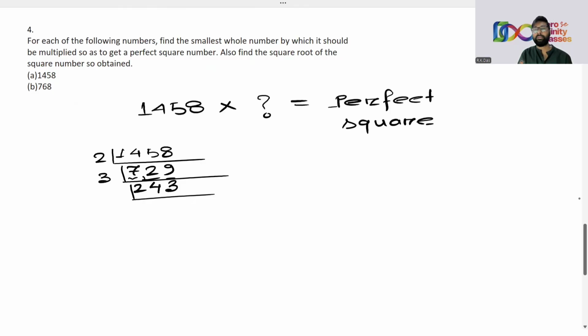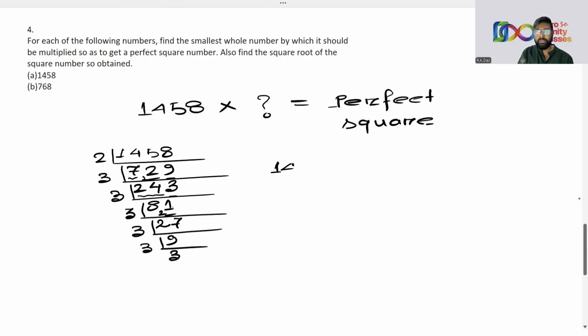So again it is divisible by 3. So I am again taking 3. 3 8 ja 24, 3 1 ja 3. 8 plus 1 9. Again it is divisible by 3. So 3 2 ja 6, 6 2 in hand 21, 3 7 ja 21. Then 3 9 ja 27, 3 3 ja 9.